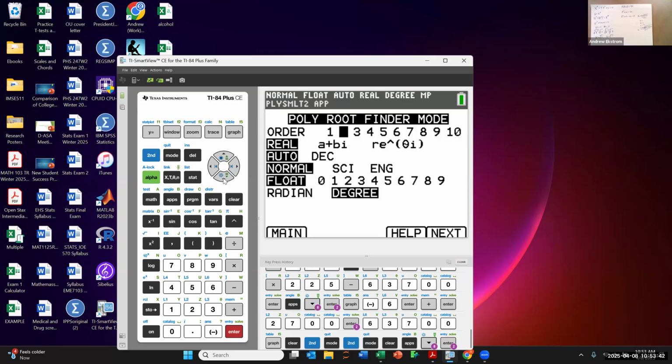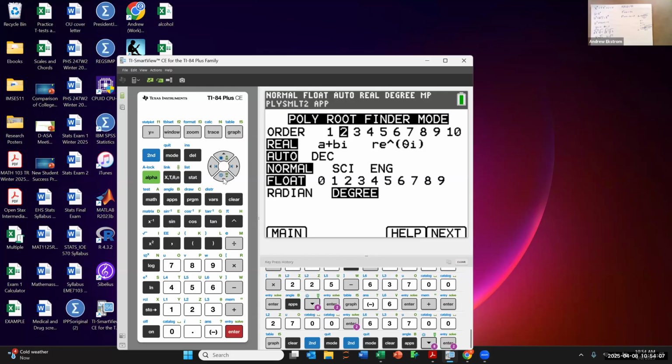What's nice about this is you can go up to x to the 10. So I can give you an extremely horrific equation and tell you, find the roots or factor this. You plug it in here.